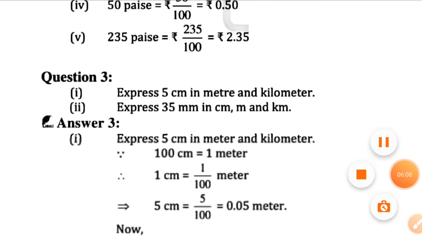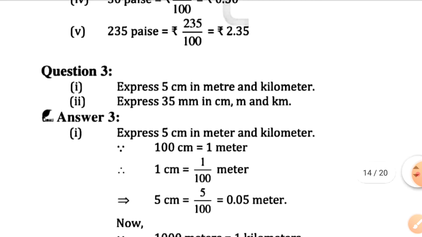Express 5 centimeter in meter and kilometer. First of all, you have to remember, if you want to convert the unit centimeter into a meter, then you have to divide the given number by 100, and into kilometer, then you have to divide given number by 1000.